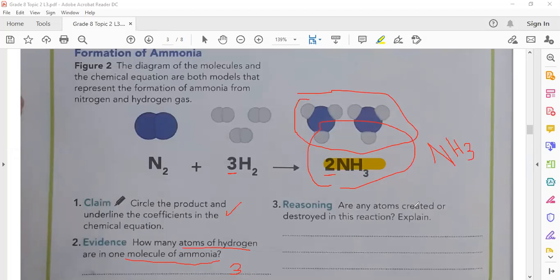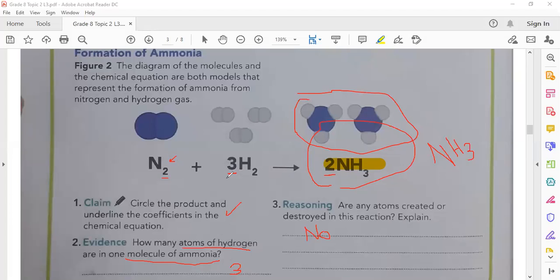Okay, fine. Are any atoms created or destroyed in this reaction? Of course not, because of the conservation of mass. Notice, let us balance this equation. How many nitrogen atoms do we have in the products? 2 nitrogen atoms, because 2 multiplied by 1 is 2.